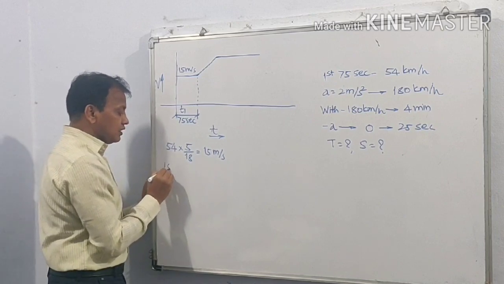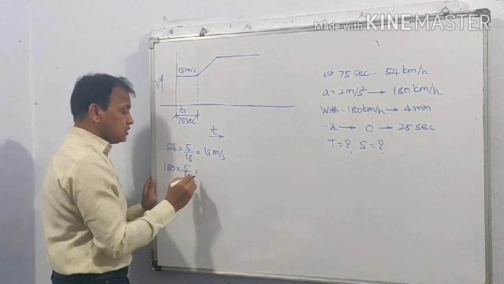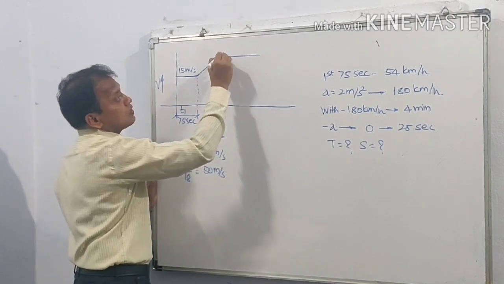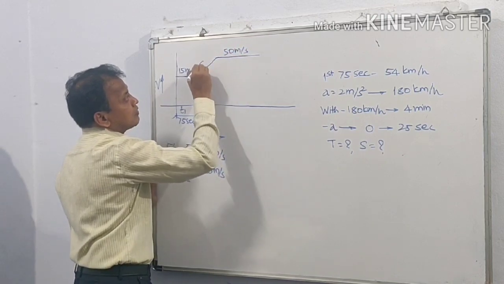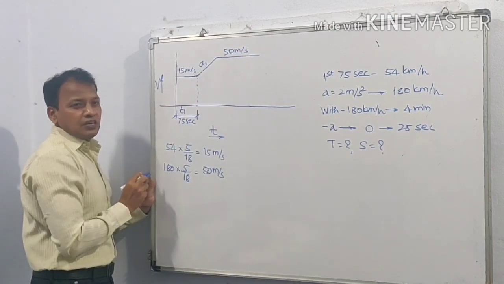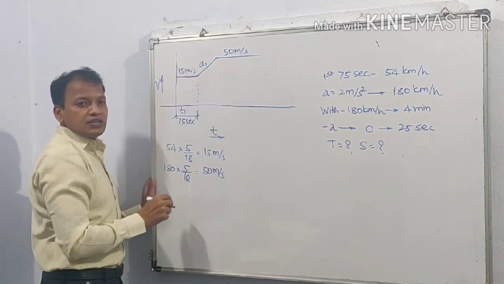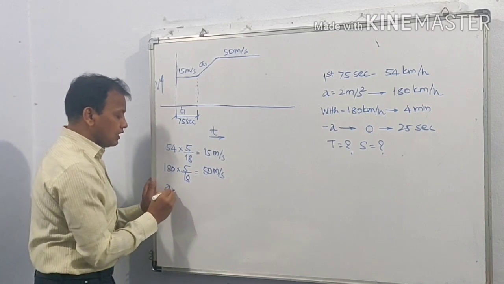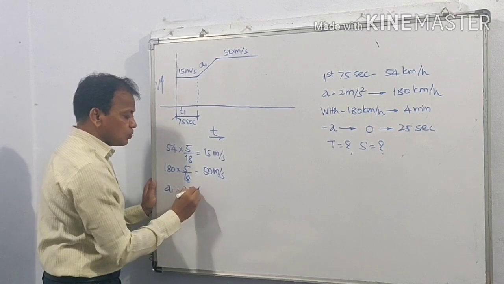So 180 into 5 upon 18, this is equal to 50 meter per second. So this velocity is 50 meter per second. Let this acceleration be a1. Slope of this line gives acceleration a1, and a1 is given, that is 2 meter per second square.